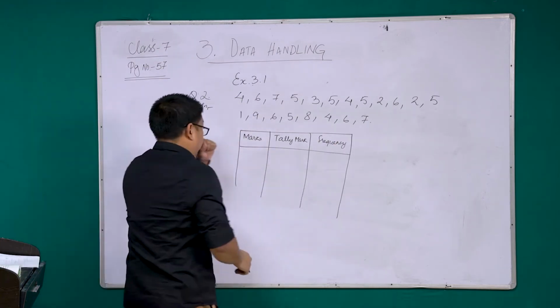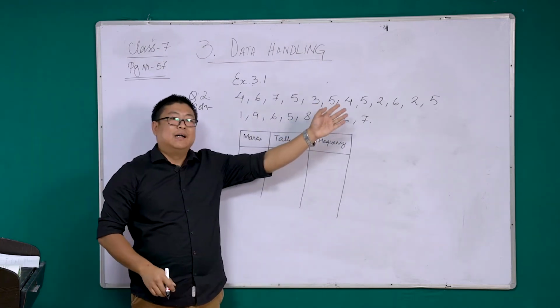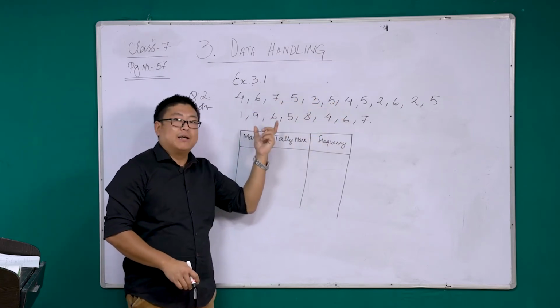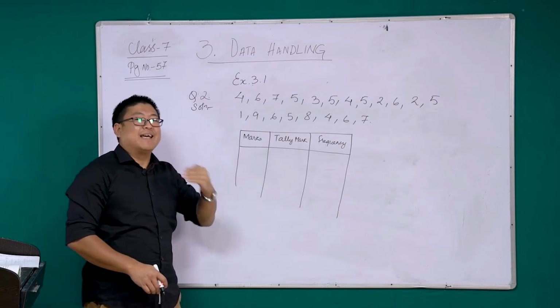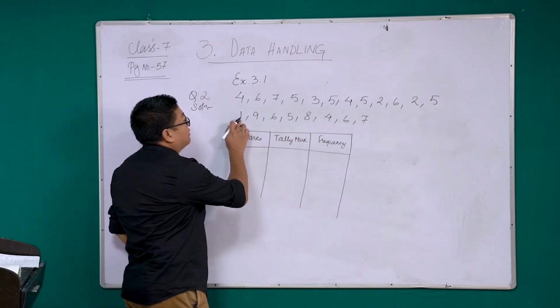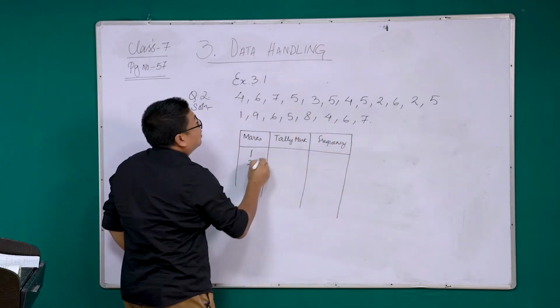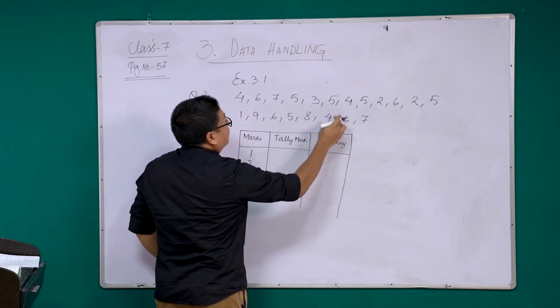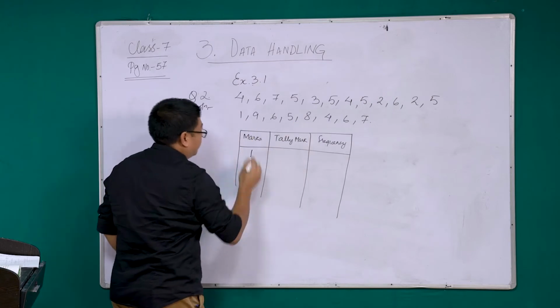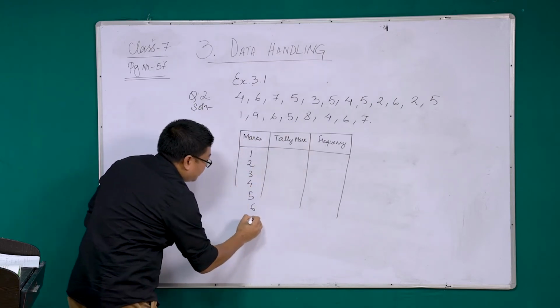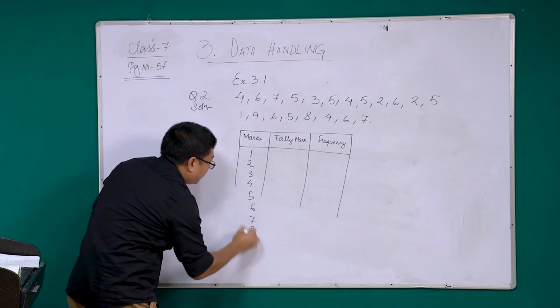Now, if you look at these data, to make it easier for us, let's arrange them in ascending order. That means increasing order. So the first number is 1. The next numbers are 2, 3, 4, 5, 6, 7, 8, and 9. So we have till 9.